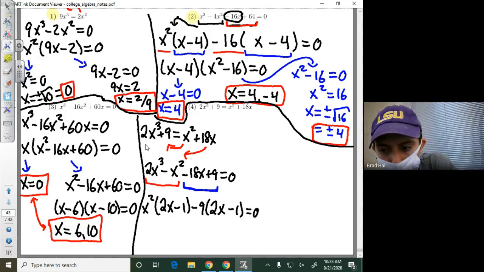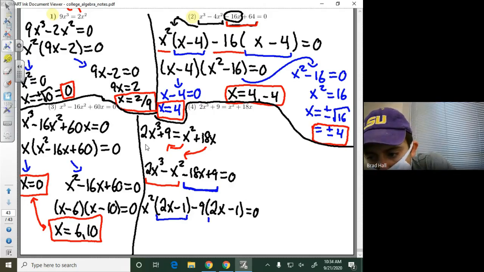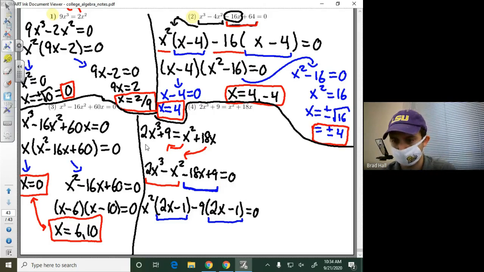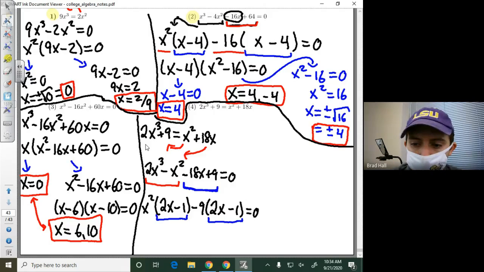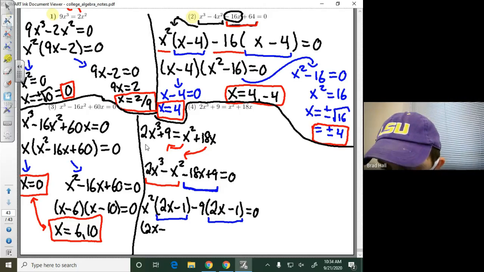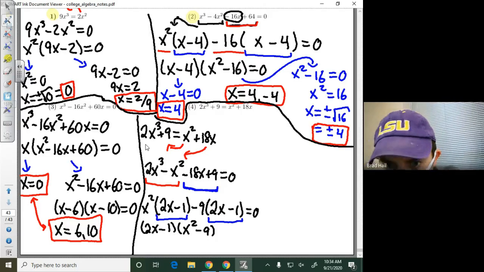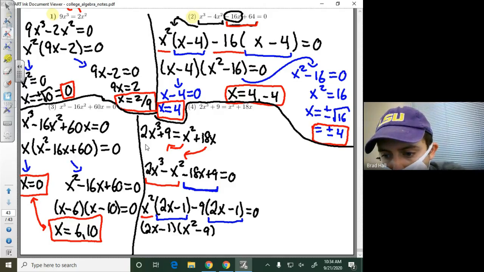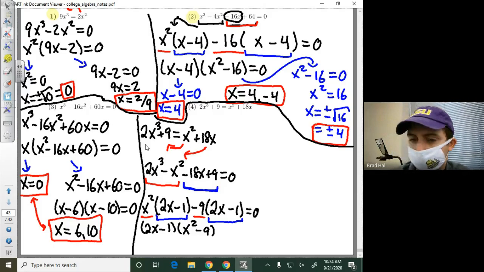And now we get our pattern. So 2x minus 1 for the pattern, and then what's left over seems to be x squared minus 9 from this and this.